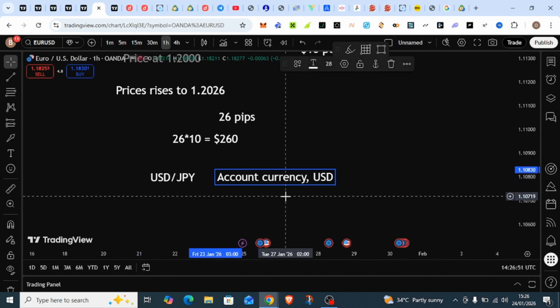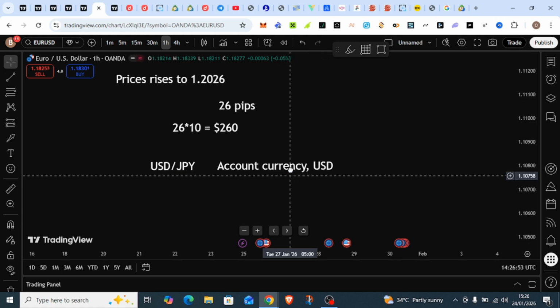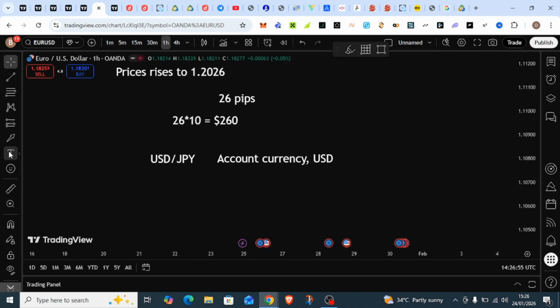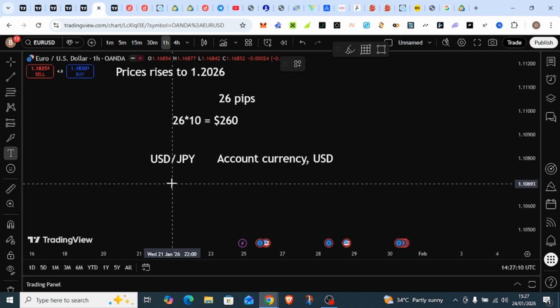Then if we use a mini lot here, a mini lot is 10,000 units. So let's state the lot we are using here, mini lot, which is equal to 10,000 units.